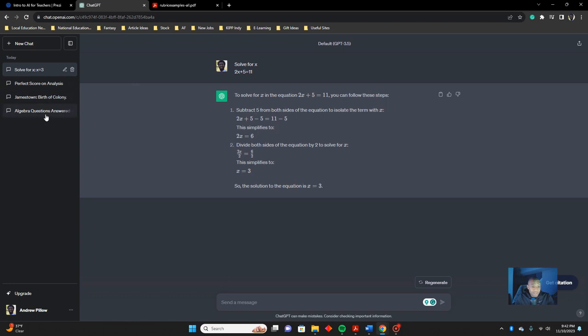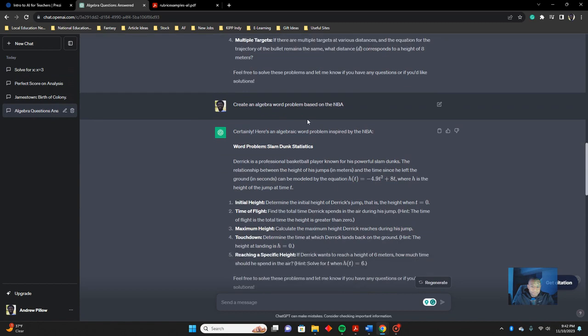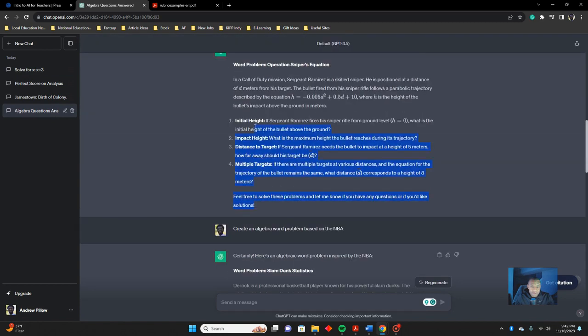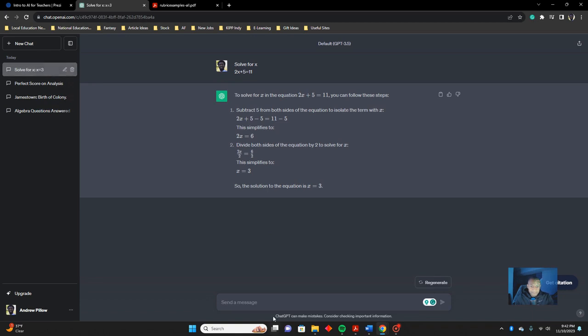I'm going to go back to one of the word problems that we created, though. Okay, so here's one of the word problems that I created in our last session. Now, there's a bunch of symbols in here, so it might copy and paste funny, but it can read it. I want ChatGPT to solve this word problem.